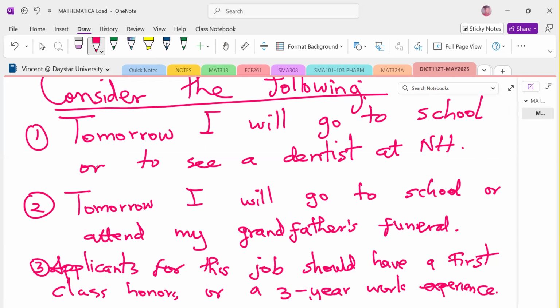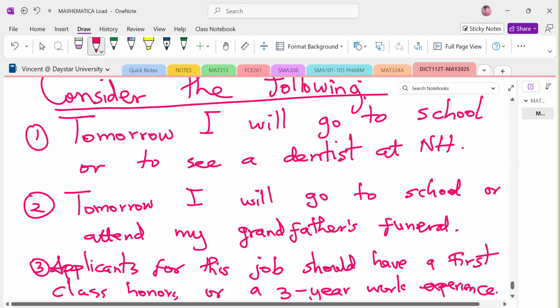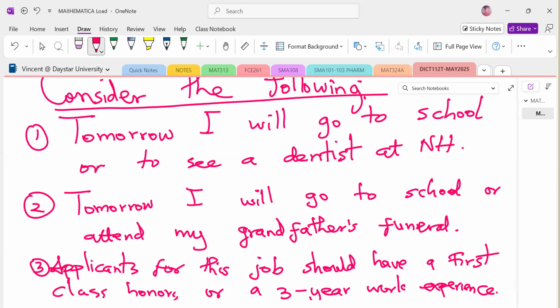So I want you to tell me any observation you can make in these three statements. What observation can you make from these three statements?